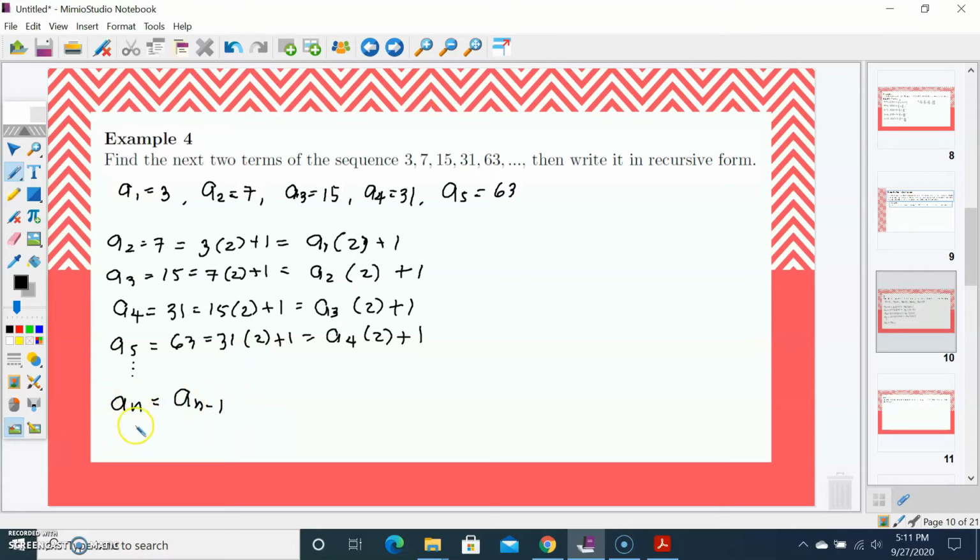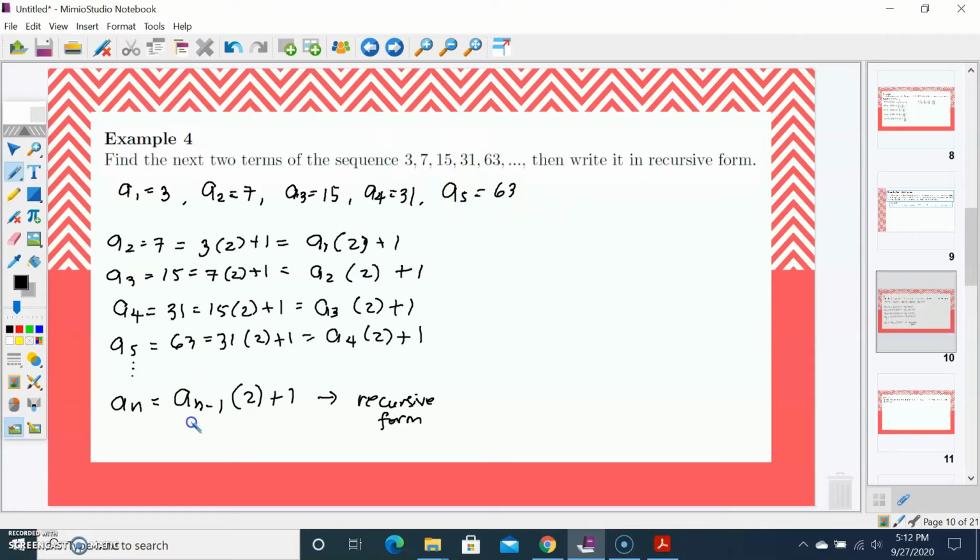So in order for us to get the value of a sub n, we're going to consider the term before a sub n, which is a sub n minus 1. We multiply this by 2 and we add 1. And this is now the recursive form of our sequence. Okay?